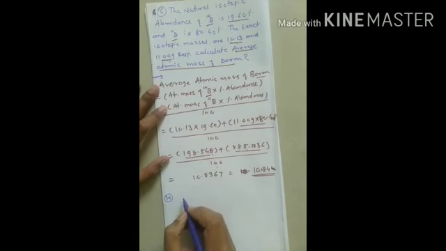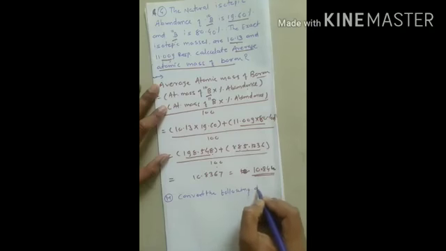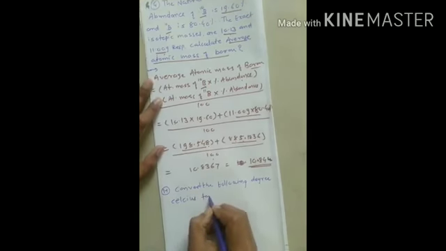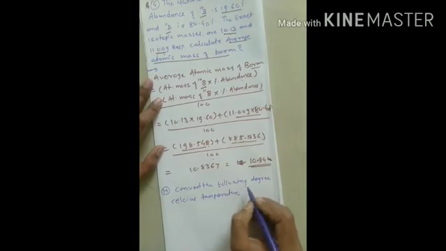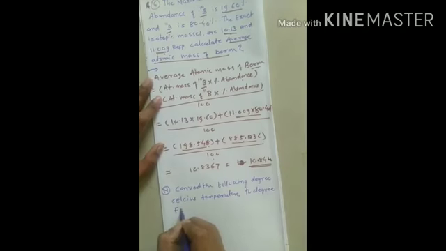The question is: convert the following temperature in degree Celsius to degree Fahrenheit.